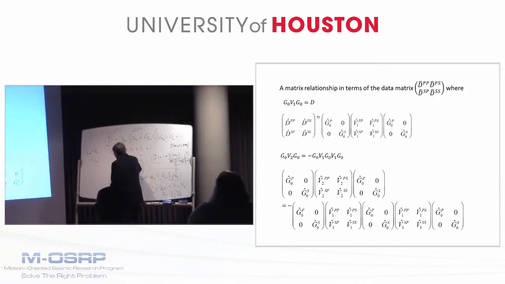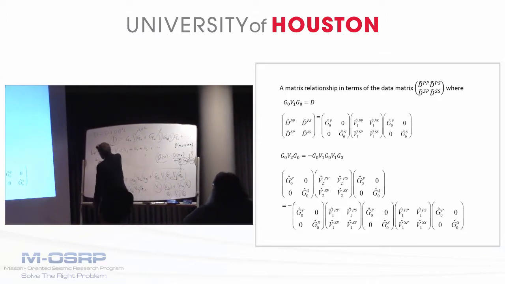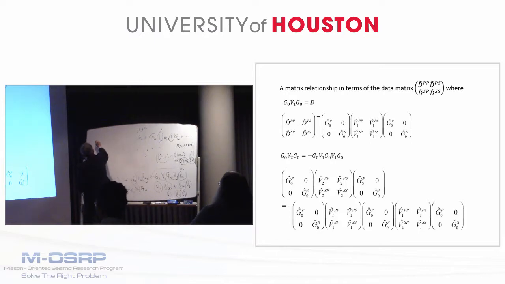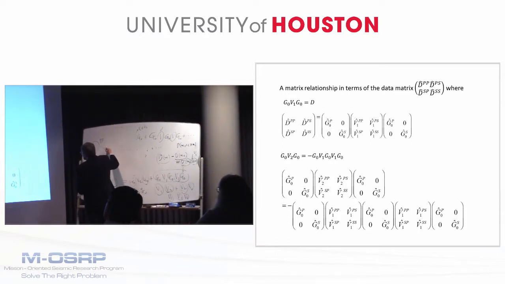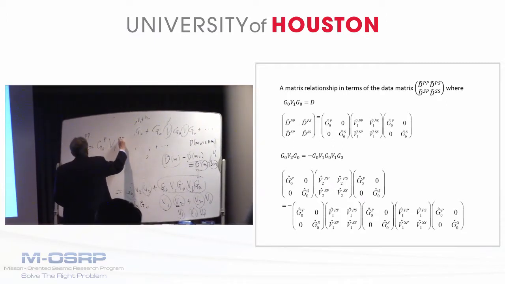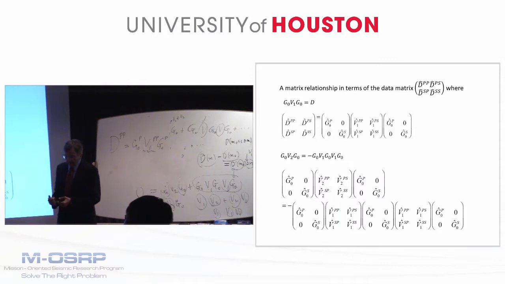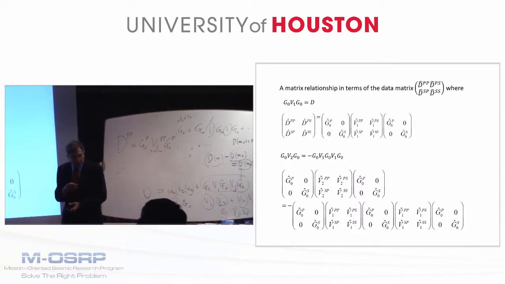This is where Stolt and I went off track, because we looked at the first term and thought that first guy up there says dpp is G0p, V1pp, G0p. And this guy has linear estimates of changes in lambda, mu, rho, because it's a 1, yes?